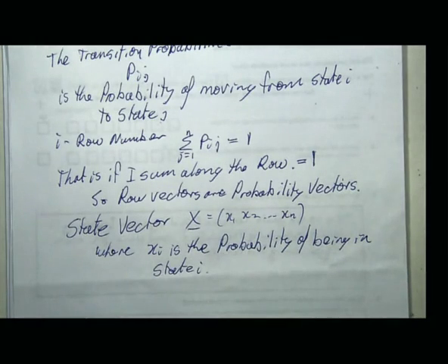A state vector has all these things which are just your probabilities or your proportion of things in that state.